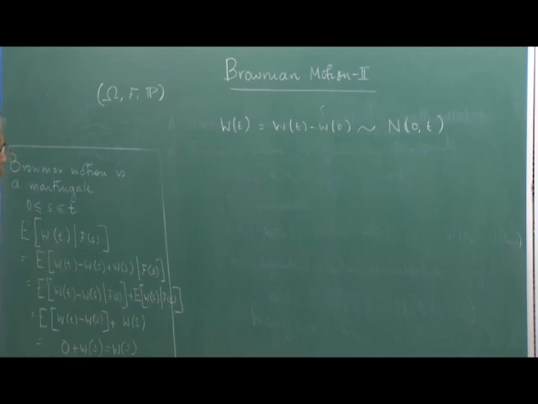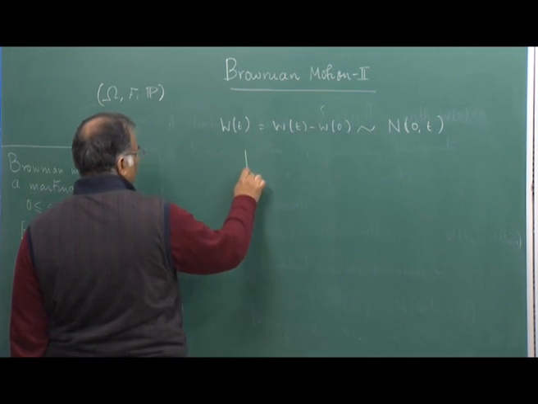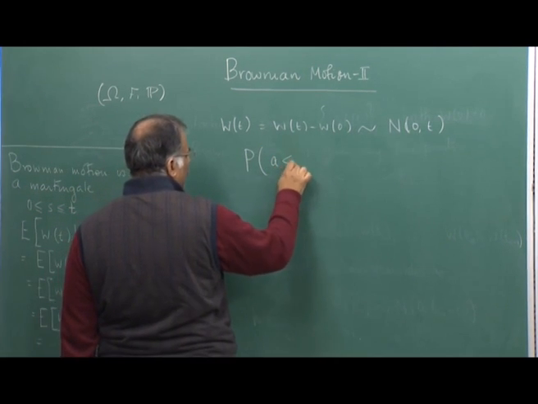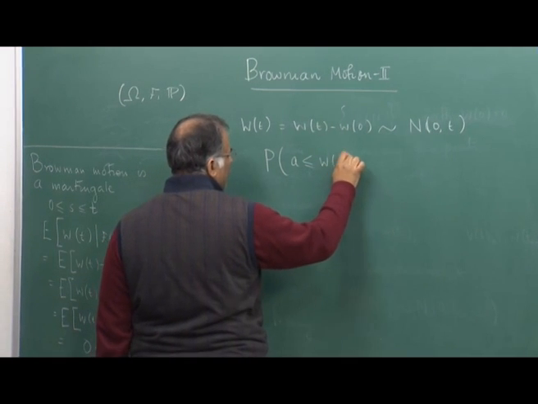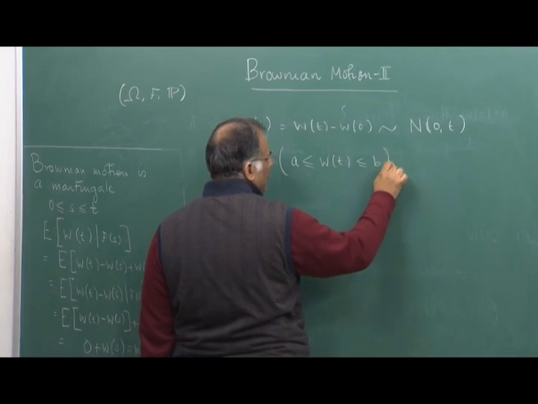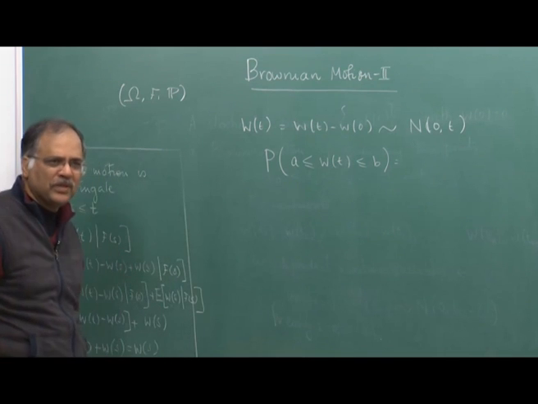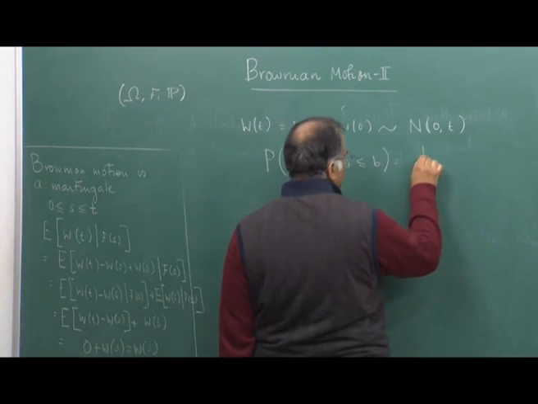So, if you want to know whether at a given time t your Wt is lying between some points A and B, it is obvious, you can just use the basic idea.